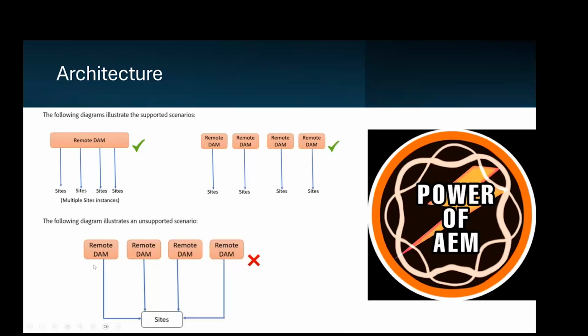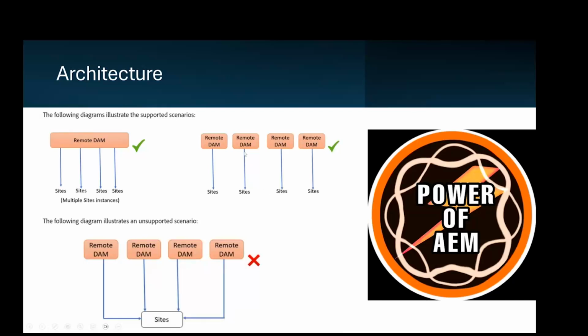As we discussed in the previous video, when we were talking about the overview and different use cases, we understood we should not have multiple asset environments, and one site environment cannot consume all the asset environments. That is not feasible, and the configuration is not designed in such a way. So this kind of architecture will never work for you.